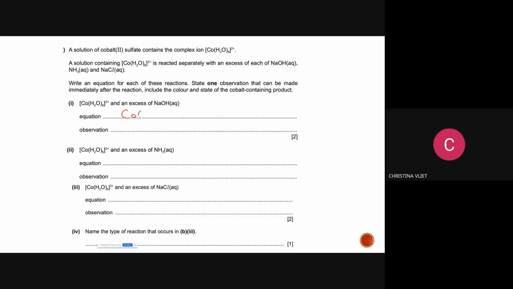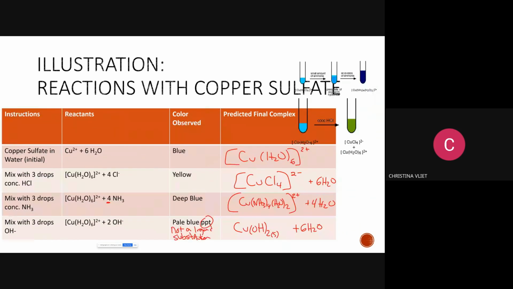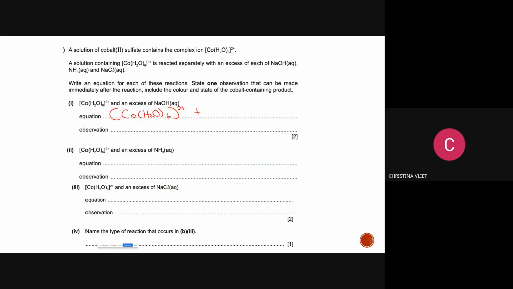Cobalt, H2O6, 2 plus. What happens with the OH minus? How many OH minuses always for these? 2. For OH minus, you get 2 in both of them. There's only one that's different, it's the ammonia. So for this, it's 2.